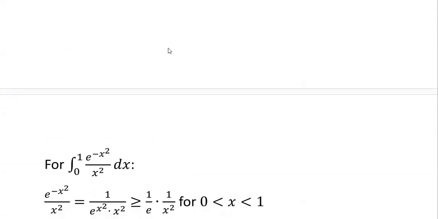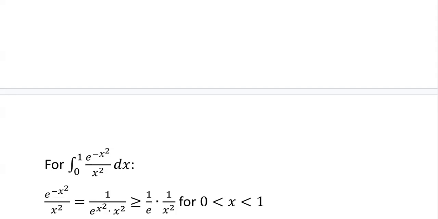So to check the convergence of this piece, we can do another comparison test. Same algebra as before: negative exponent, I write it as a positive exponent by moving it down. You have to set up your comparison a little carefully here. This one's a little trickier. Within the interval 0 to 1, our function is greater than or equal to 1 over e times 1 over x squared.